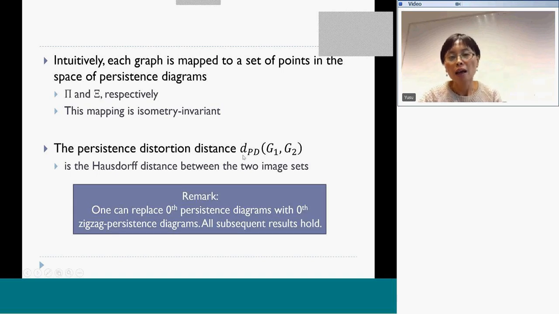I want to remark that for every base point S, we consider the distance function to this base point, and we use a zero-dimensional persistence diagram to summarize the information. We can also enrich this information by using the zero-zigzag persistence diagram.